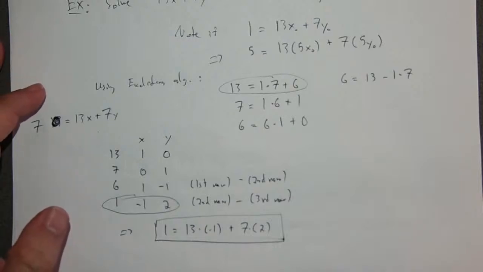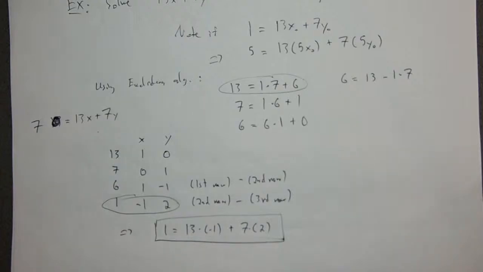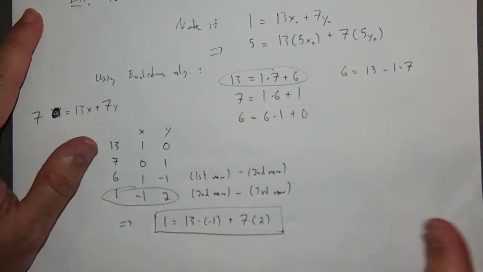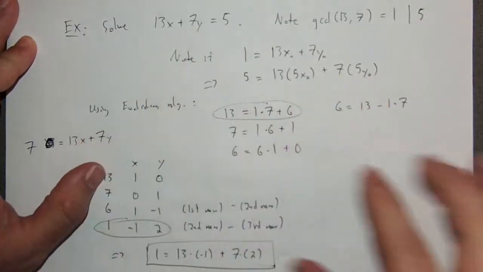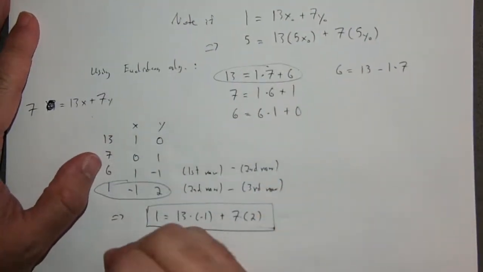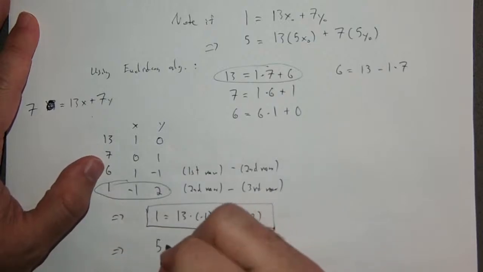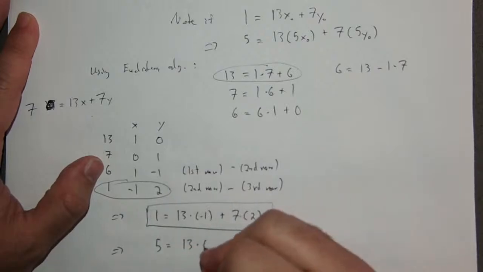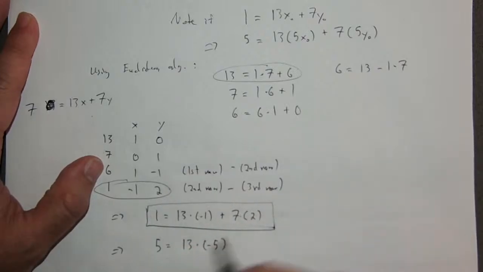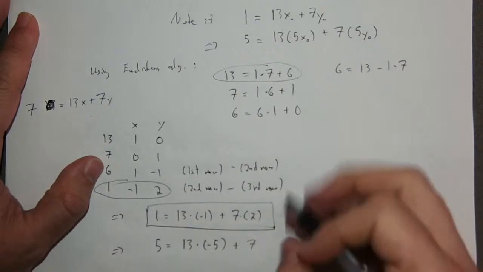Well, now I'm done if I think to myself, well, I found a solution to the equation 13x plus 7y equals 1, but that's not what I'm actually looking for. What I'm looking for is a solution to this equation 13x plus 7y is equal to 5. So then I just multiply both sides by 5. So then 5 is equal to 13 times minus 5, and here this is plus 7 times 10.